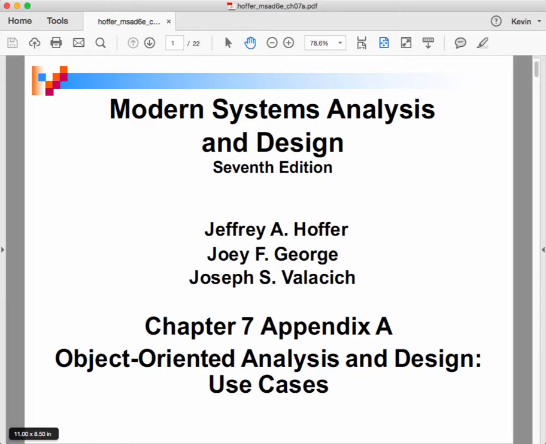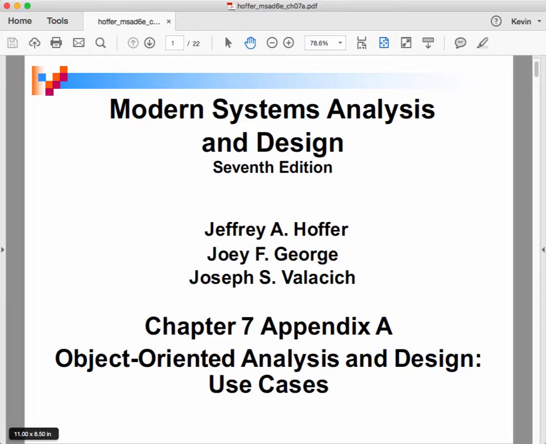The context diagram comes from data flow diagramming, also called structured analysis. It really started in the 1970s, so it's been around for a long time. It's mostly process oriented.